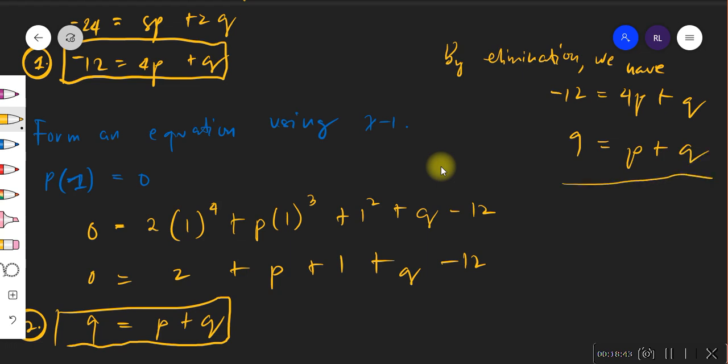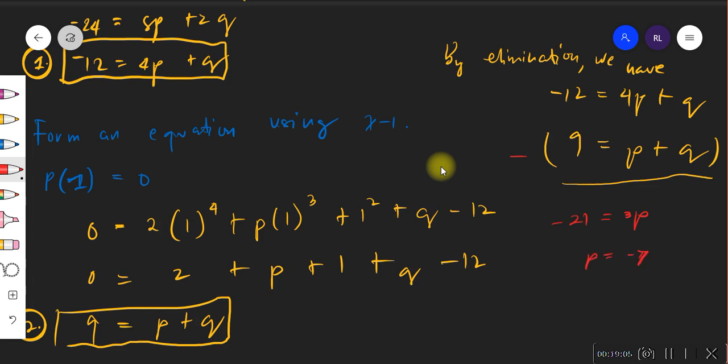Subtracting these two equations, we have negative 21, I think that's negative 21. And we have 4p minus p is just 3p, and q minus q is just 0. Therefore, p must be negative 7.